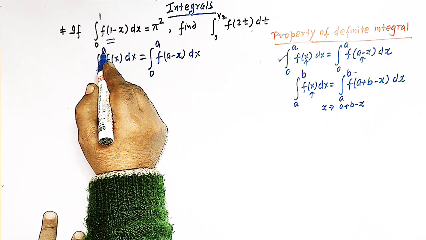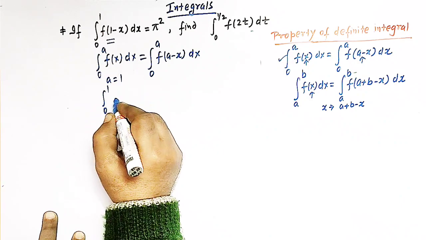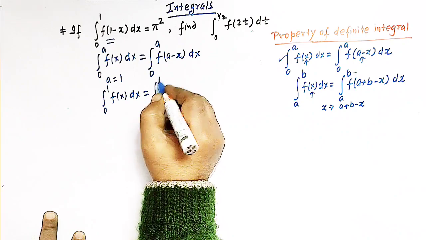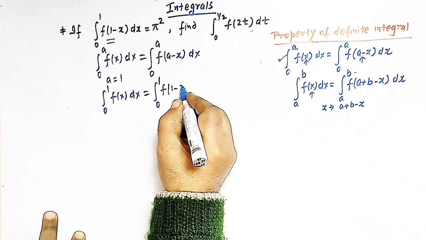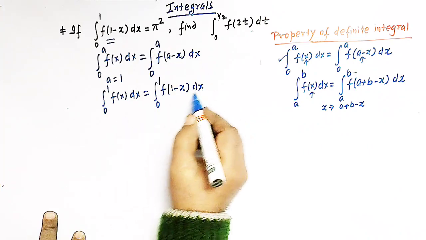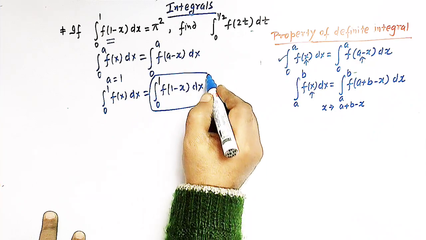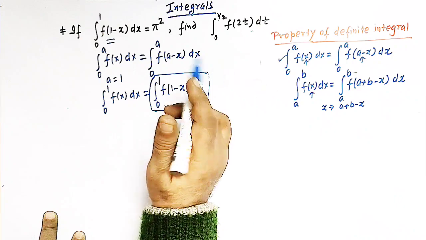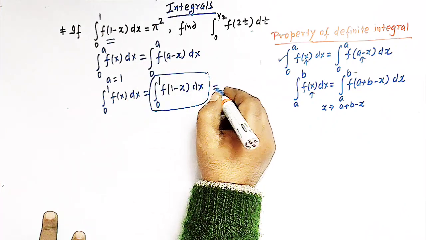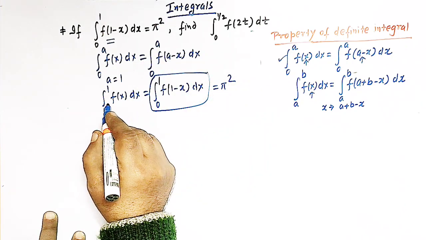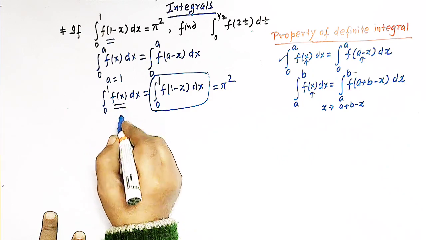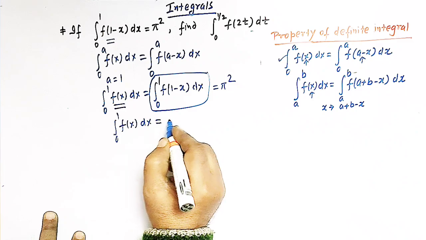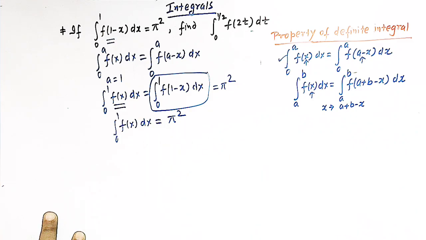So when we take a equal to 1, we have the integral from 0 to 1 of f of x dx, and here we have the integral from 0 to 1 of f of 1 minus x dx, right? Now this integral is given to be pi square. So we have obtained the value of this integral: the integral from 0 to 1 of f of x dx is equal to pi square, right?